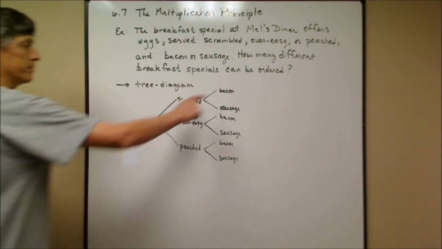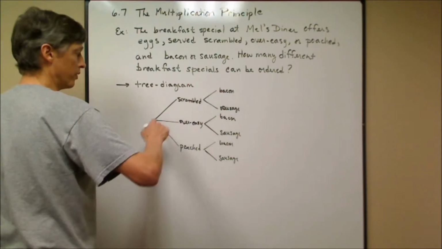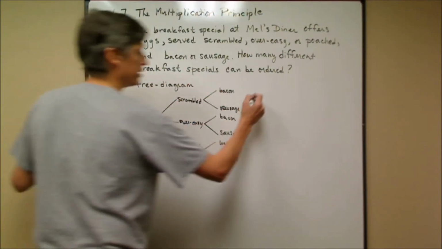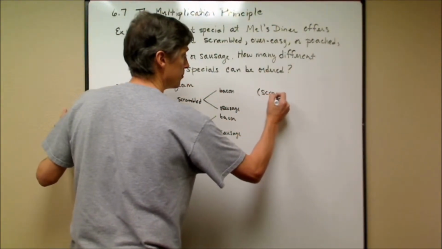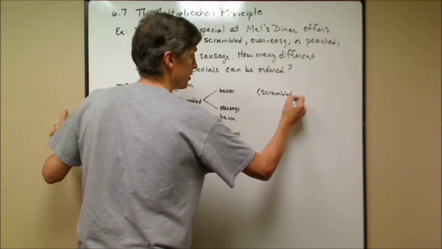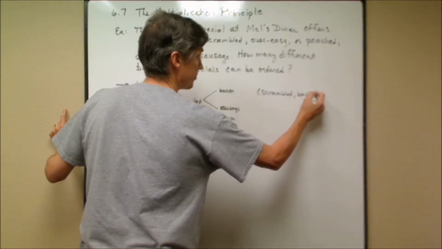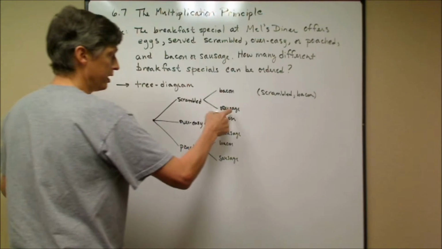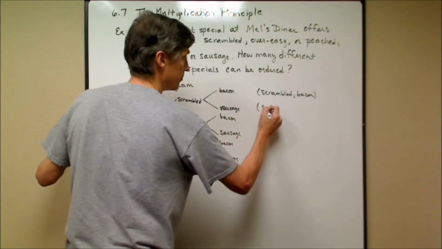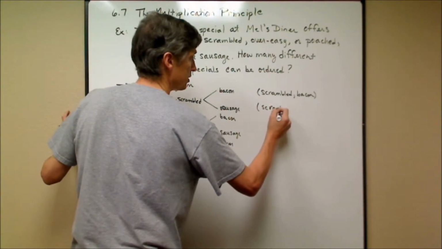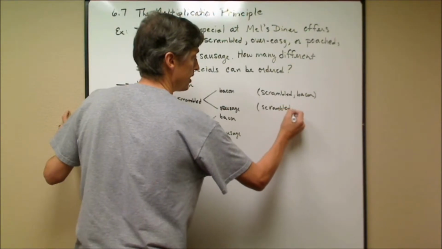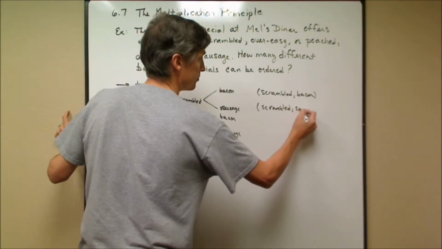If I look from here to here, it goes scrambled, then goes to bacon. This would be scrambled and bacon. From here to here, this would be scrambled, if I can spell it, and sausage. Oops.